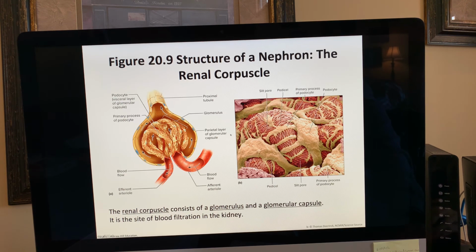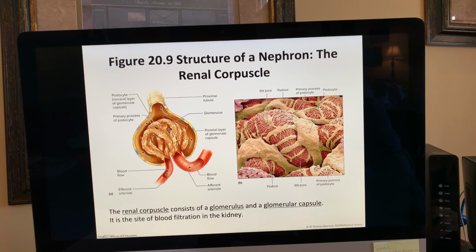And these podocytes have processes coming from their cell bodies. These processes are called primary processes. The primary processes are connected by what are called pedicels, as shown here, to form these slit-like openings called slit pores that only allow certain things of certain size through.